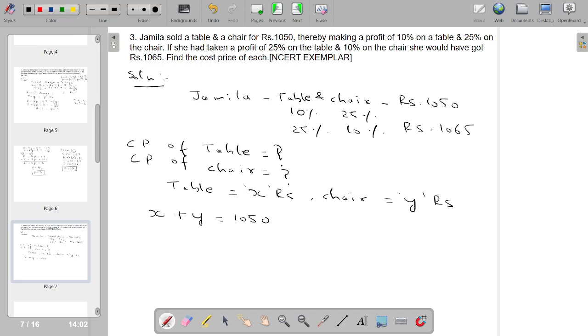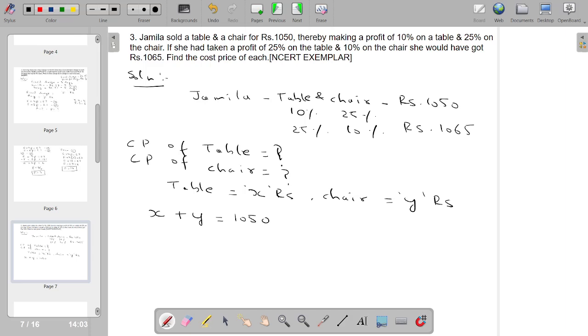So X plus Y is equal to 1050, where X is the price of the table after the profit has been made, and Y is the price of the chair after the profit has been made.